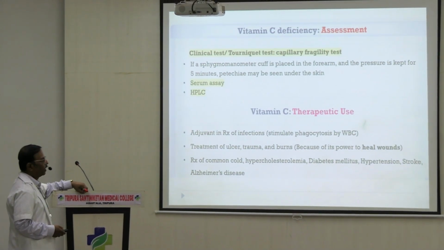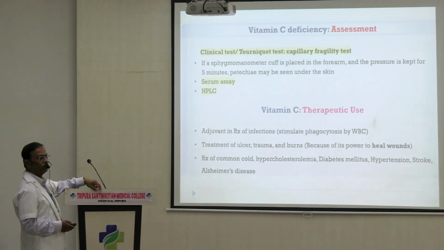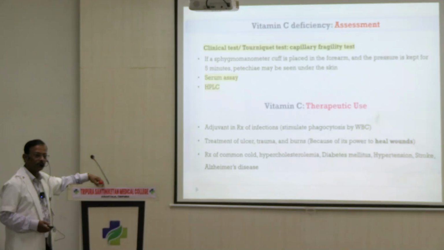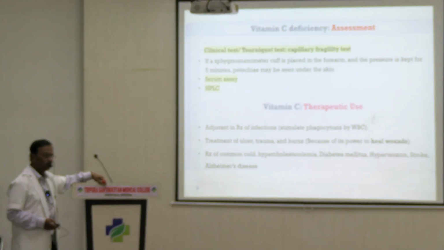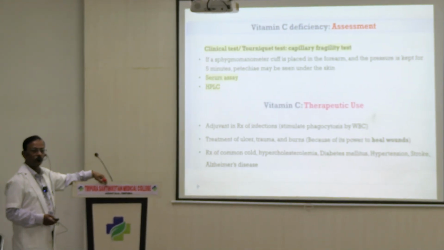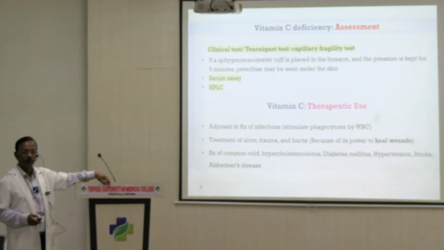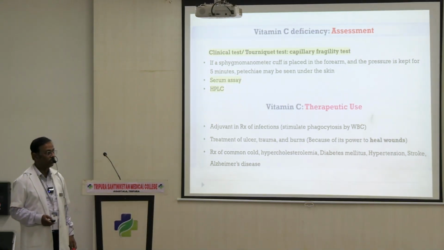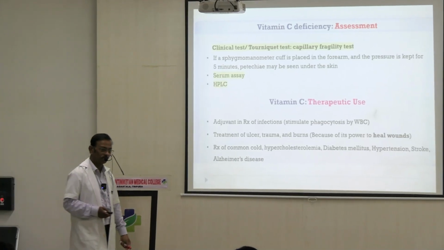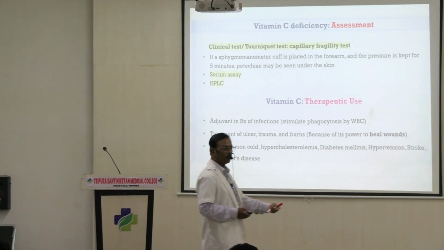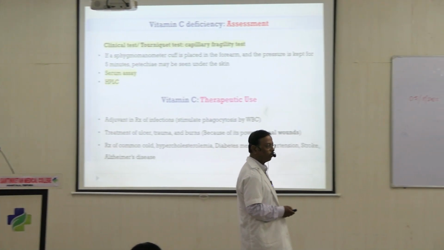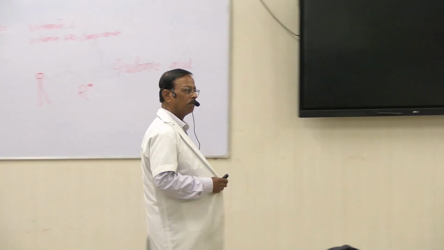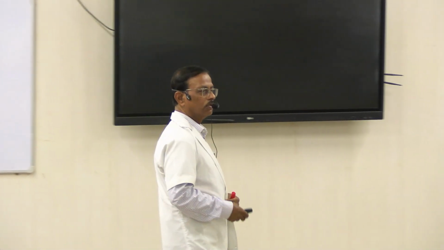Treatment of ulcer, trauma, burns. Previously whenever a burn patient or a wound patient came, we used to give say a 20 days or 30 days course of vitamin C. But nowadays people are very conscious, they know what vitamins are. Students learn about vitamins and their role from lower classes, and guardians are also conscious.